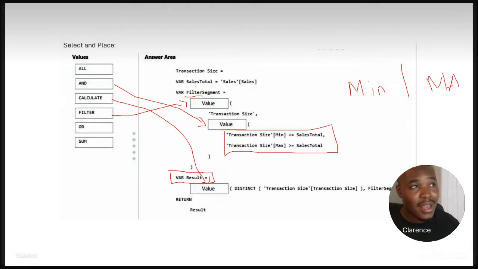So hopefully you guys get this one. This is how they ask the DAX questions, right? They're not going to ask you to write a DAX formula on your own. They will basically give you examples. But this one was a tough question. I don't want to lie to you. This one was a very tough question.